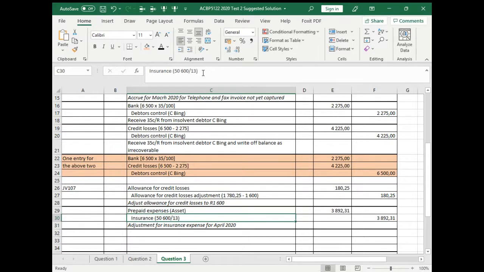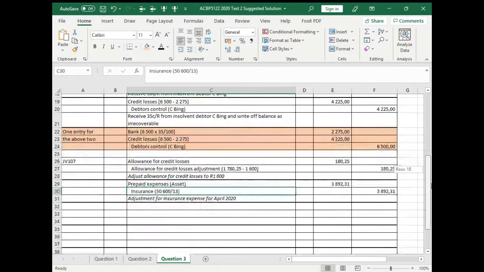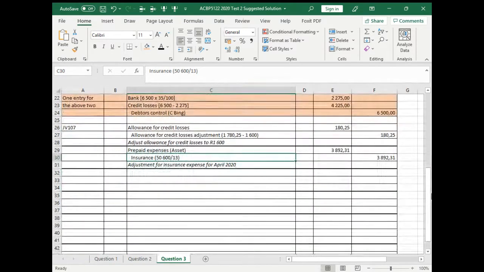That means if we do not get the use of that expense in the following month, the person needs to pay it back. Because they said there was no change for the last 2 years, you just take the amount in the trial balance and we know it's for one additional month. So it's 13 months and that's how you work out the monthly amount. So that's entry number 6.